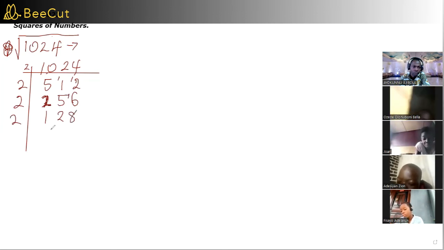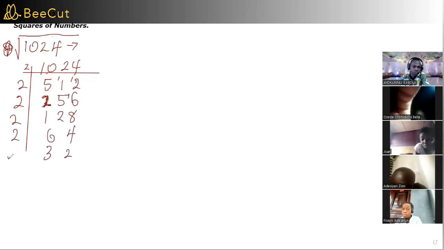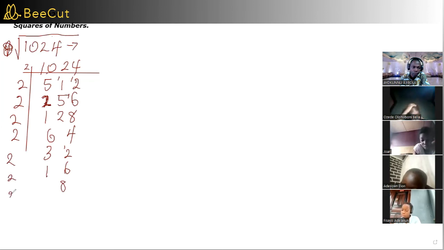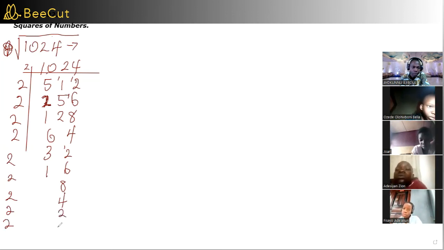Then 2 in 12 is 6. 2 here 4. 2 here 3. Here 2. 2 here 1. 2 here 6. 2 in 16 is 8. 2 in 8 is 4. I'm hearing background voice. 2 in 4 is 2. And 2 in 2 is 1.